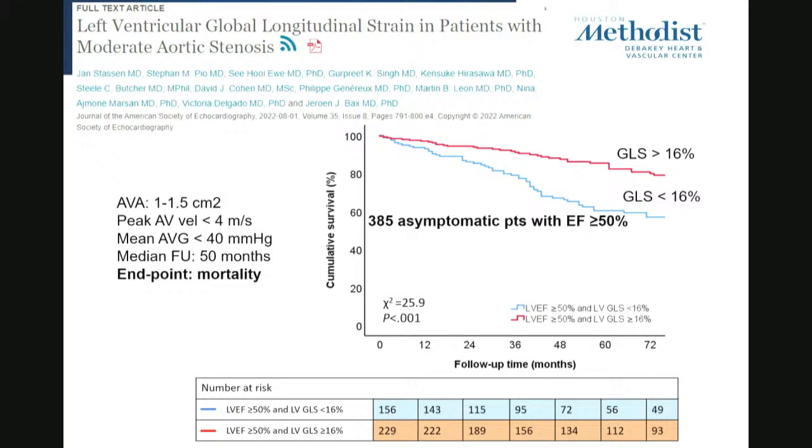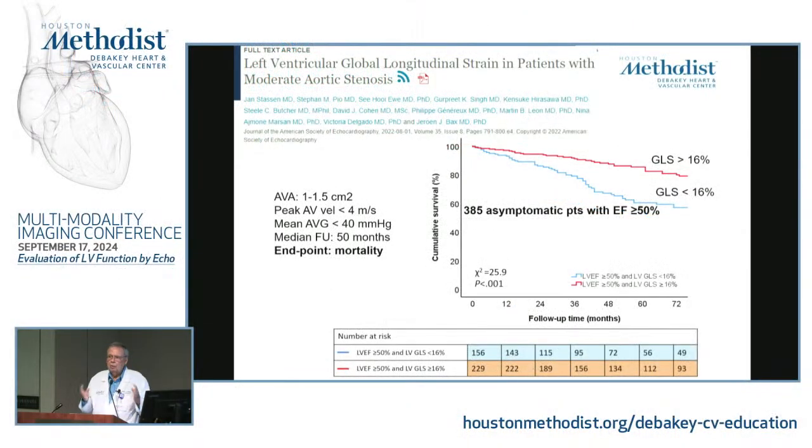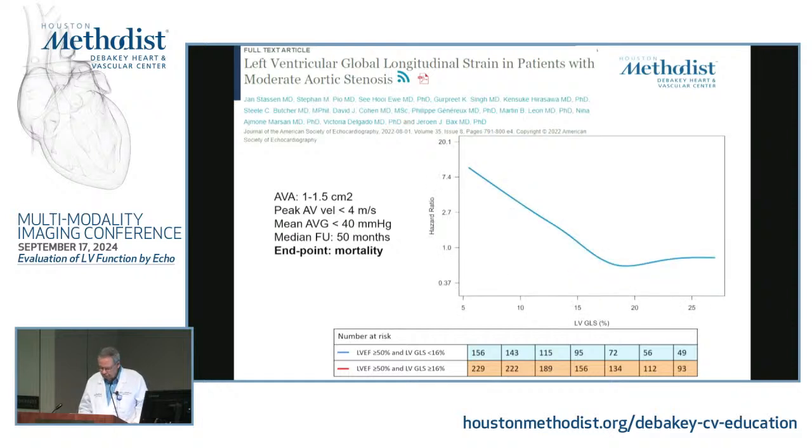So all this data is now being thrown at the experts to try to say, what do we do with this? How do we change our thinking, our management, now that we have TAVR, for example? You guys are in a very exciting time of cardiology, because all of these things will be changing our approach to therapy for sure.